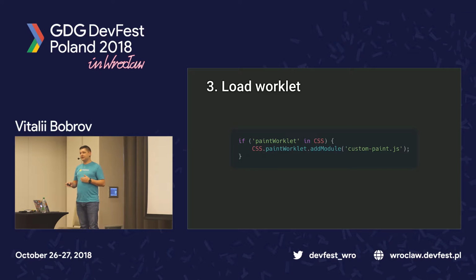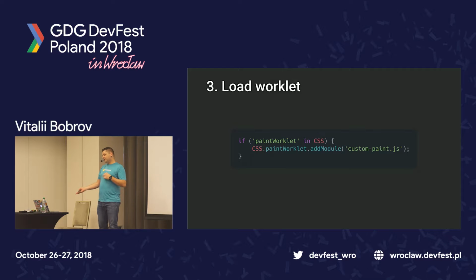And the last step, in your main bundle or even inline JavaScript, you need to load your worklet. First of all, we don't want to break anything for our application, so we check if paintWorklet is available in the CSS object globally.